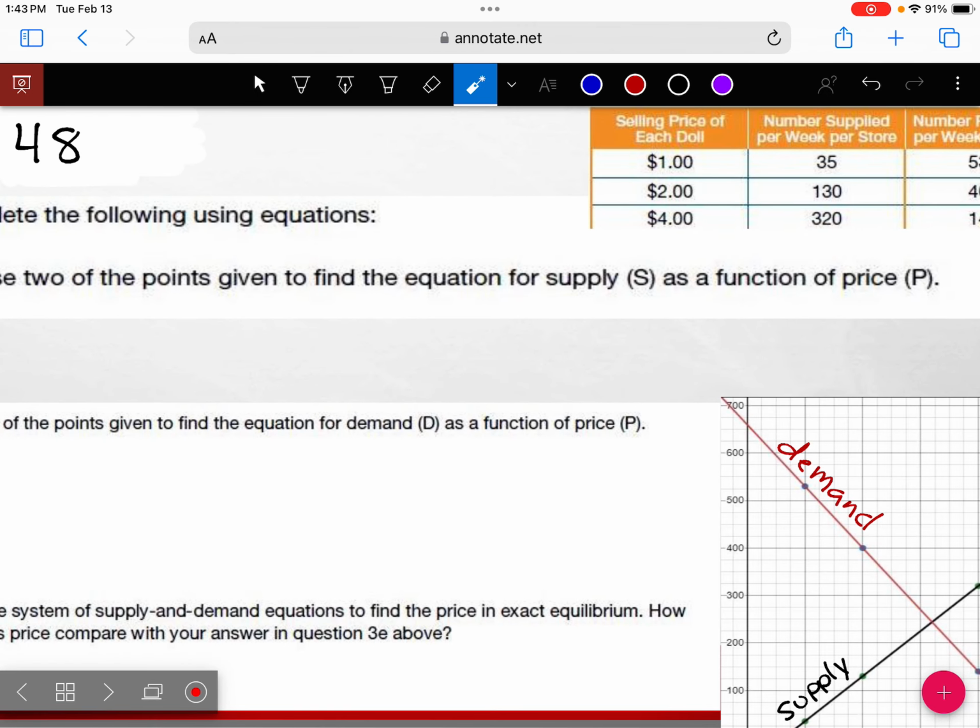So what we're going to do is use our table, and there's space at the bottom of page 48, or you can use the space at the bottom of page 47. Page 47 lets you see the table, but I do have the table up here on the screen. And we're going to pick two of the points from our line to use them to find the equation for the line.